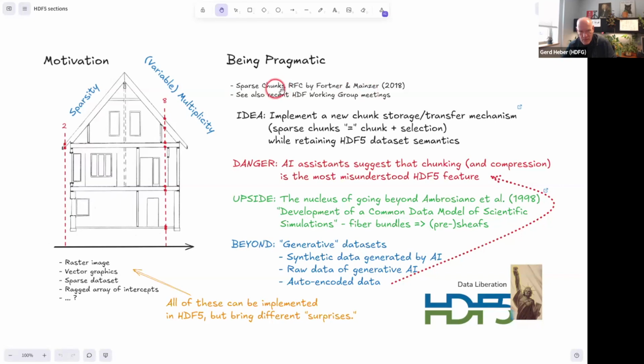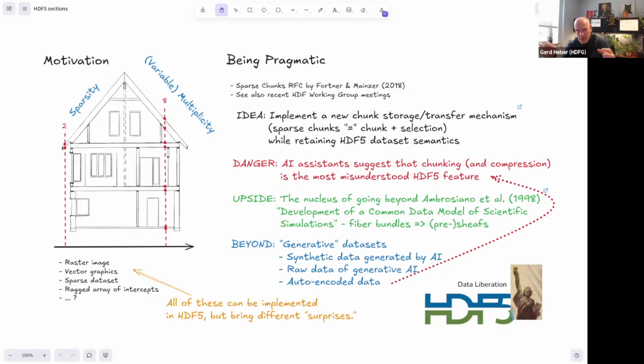The idea of sparse chunks is basically to say, okay, right now there's only one kind of chunk supported by the HDF5 library and the file format, and that's pretty much dense chunks. And the idea was, in order to maintain the API for dense, in double quotes, datasets, couldn't we somehow augment how we store these sparse chunks?